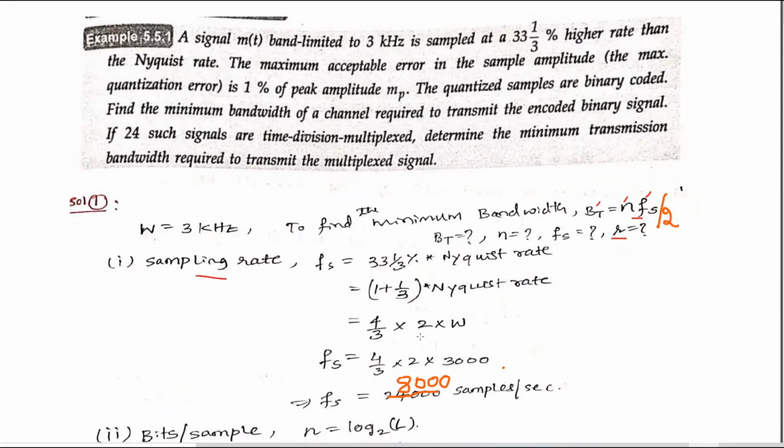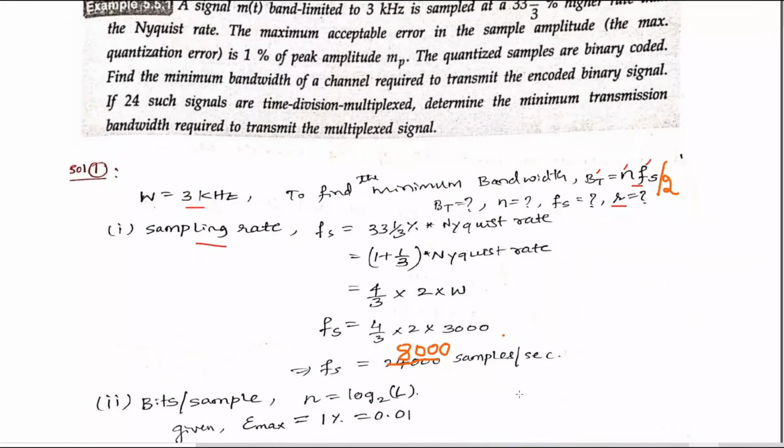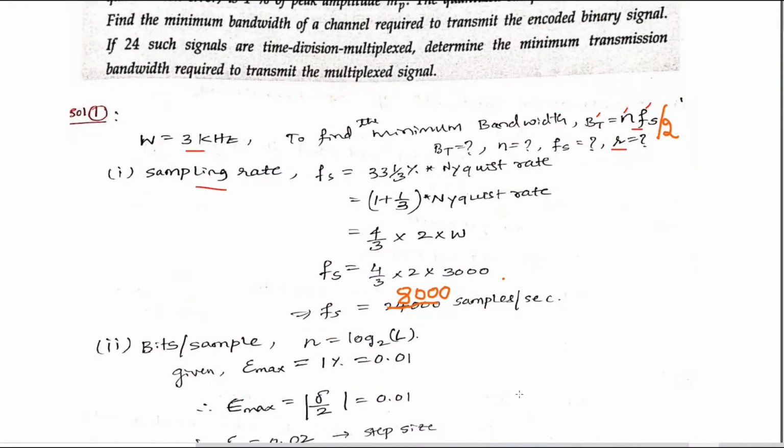And what is the Nyquist rate? It is 2 times omega. So omega is 3 kilohertz, the bandwidth of the message signal. Using this, we'll get fs as 8000 samples per second. In textbooks it is given as 24,000 samples per second, which is wrong.